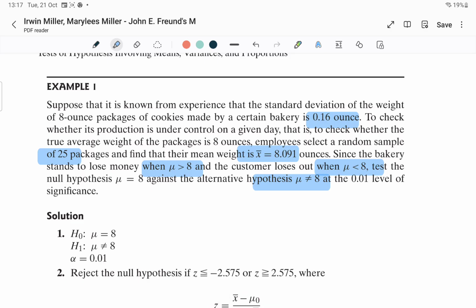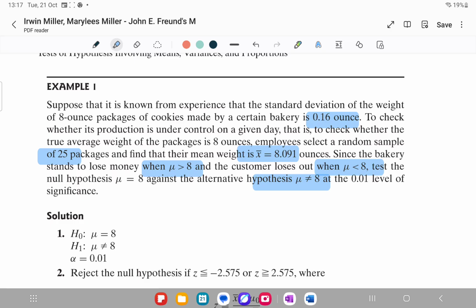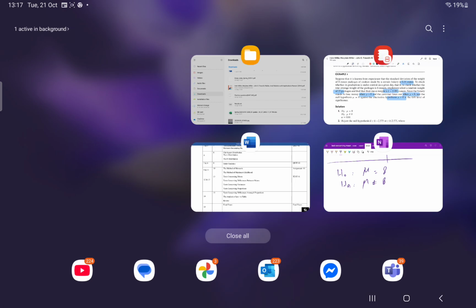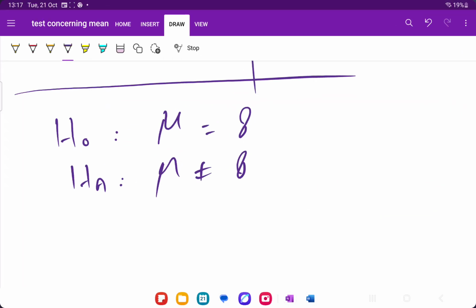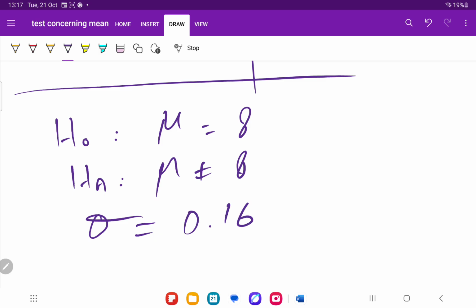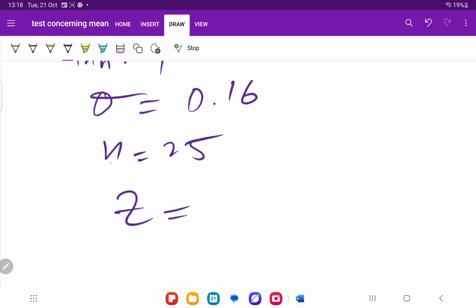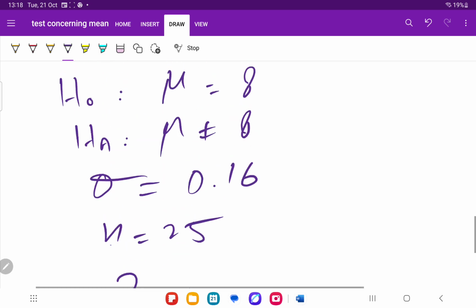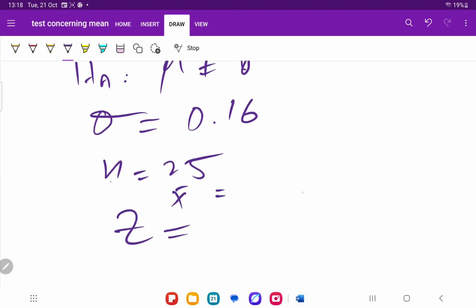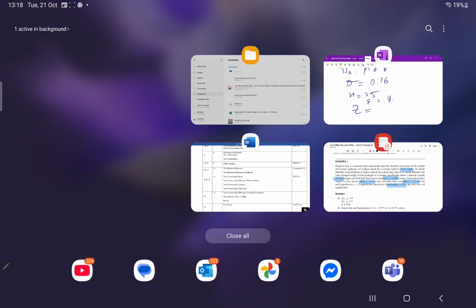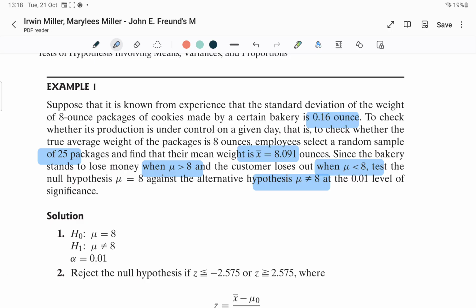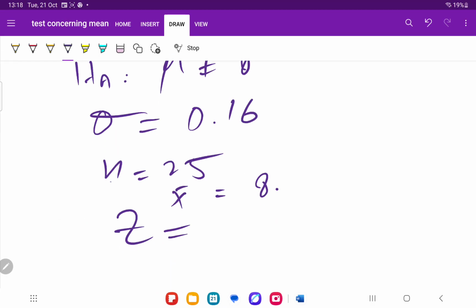The standard deviation is 0.16, n is equal to 25, and x bar is also given, 8.091.